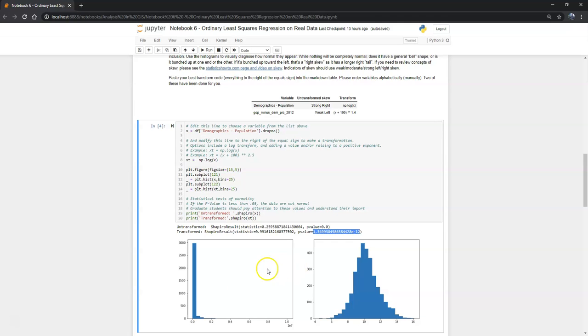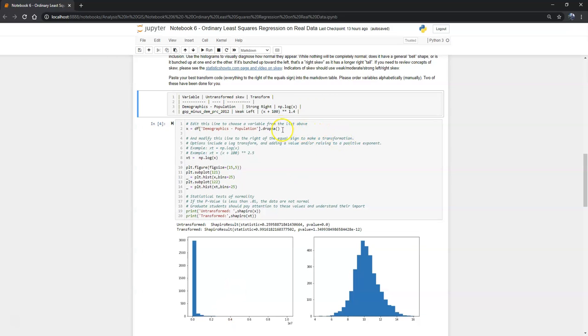So we would fill in a strong right skew up here. So we've done that already. I've double-clicked into this cell. This is a markdown cell, and this is the way that you would format a table. Essentially what we're using is these vertical things called pipes. This is the key that's above the backslash. If you shift backslash, it's usually right above your enter key.